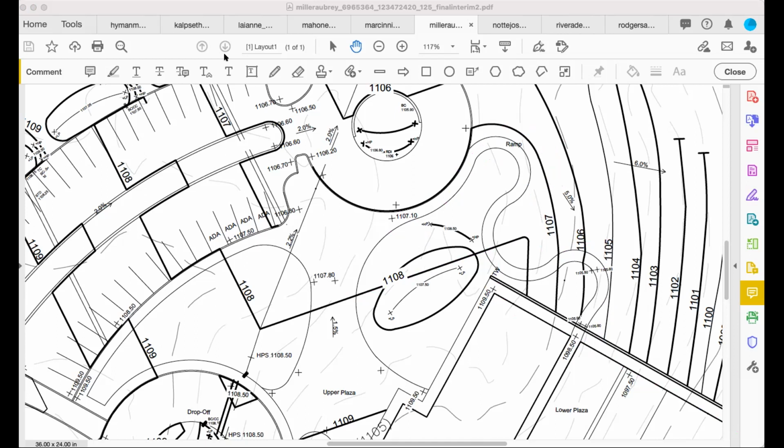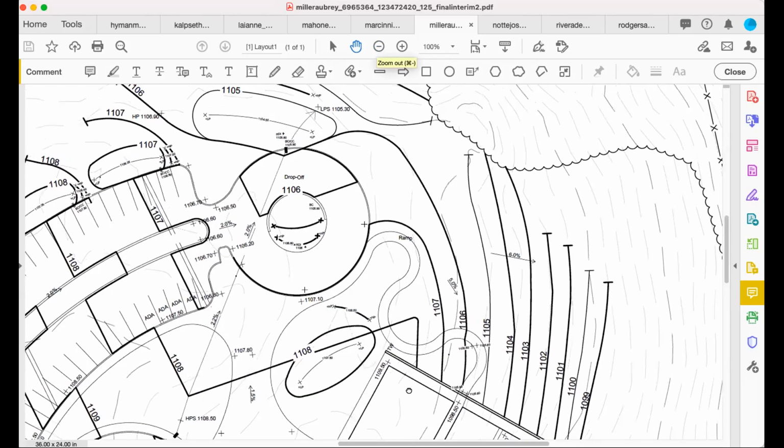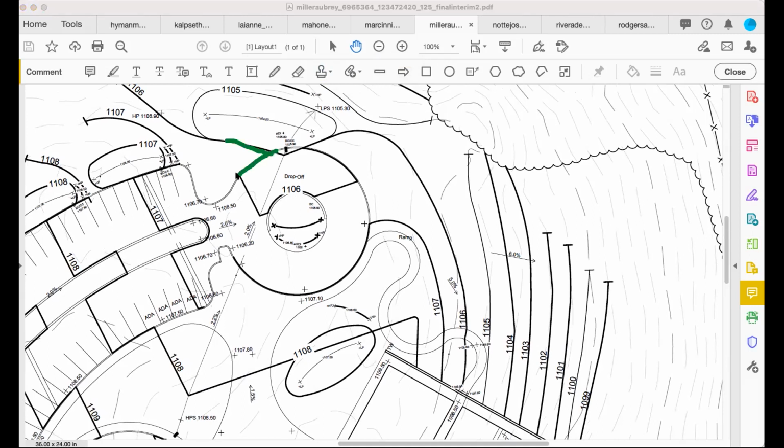Starting over. So 6 goes here. There's no small slivers of contour there.